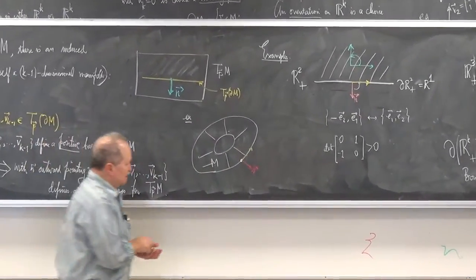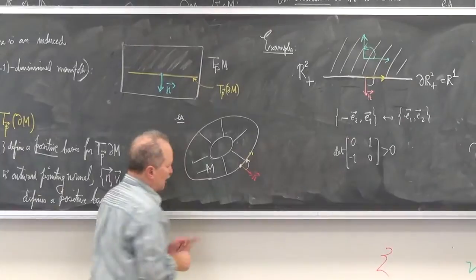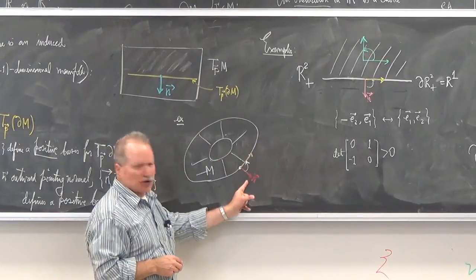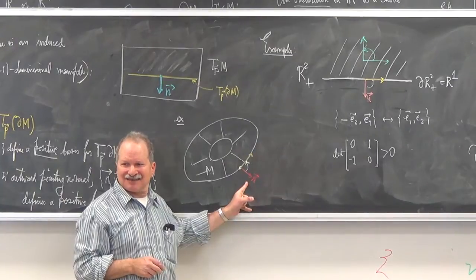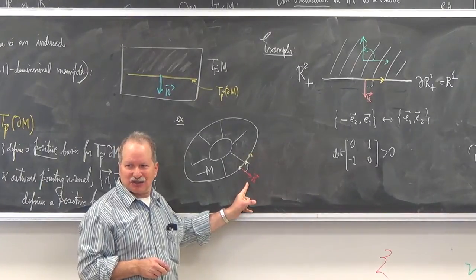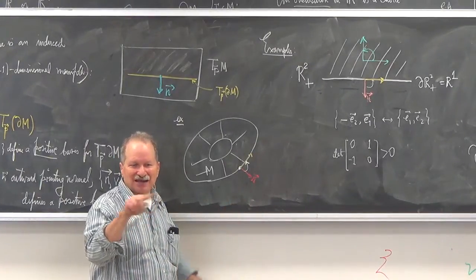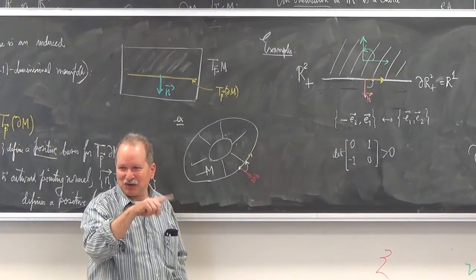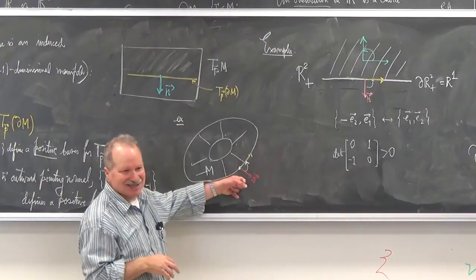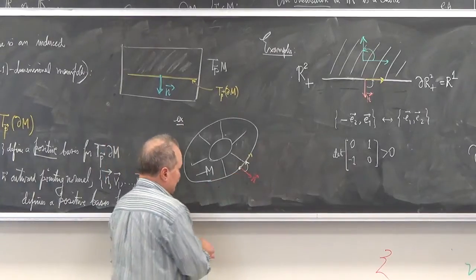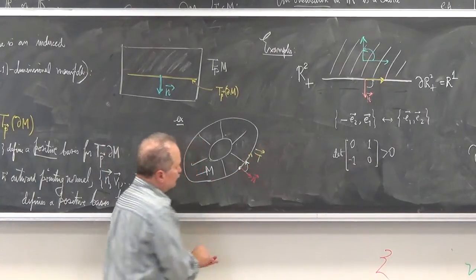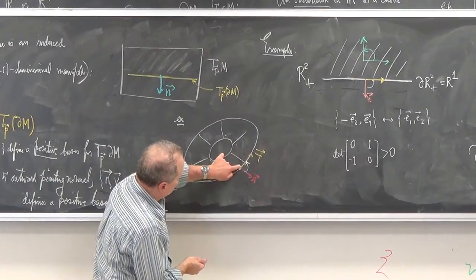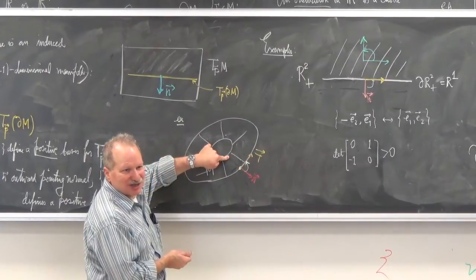Out of the board. So that means you're going to walk this direction on the boundary. This should also remind you of homework problem 17 in section 3, where N and T are supposed to make a positive basis when we're doing a curve in the plane. Well, that's what this is. So this is where I said you walk in the direction so that your left arm is pointing into the region.